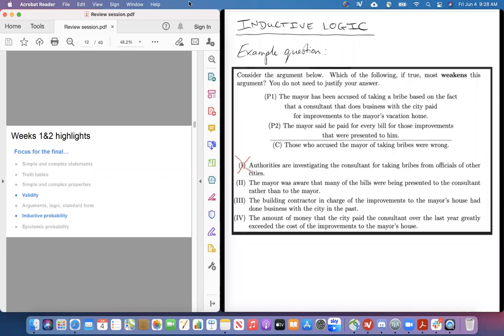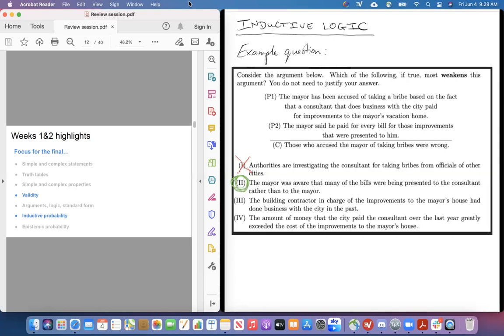So let's have a think about answer number 2. Answer number 2 is in fact the correct answer. And it's important to know why. It says the mayor was aware that many of the bills were being presented to the consultant rather than to the mayor.